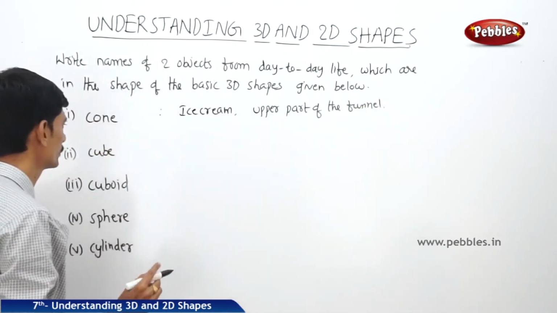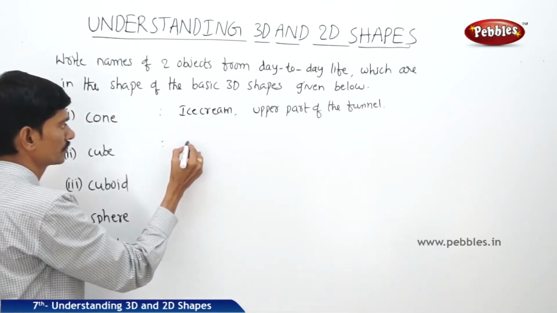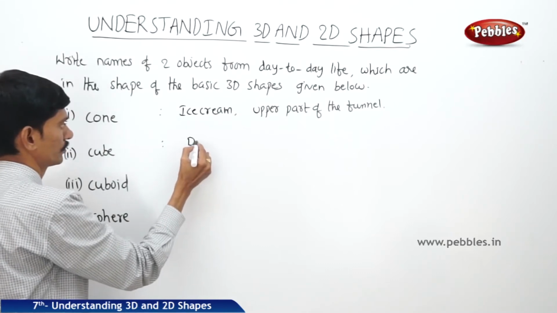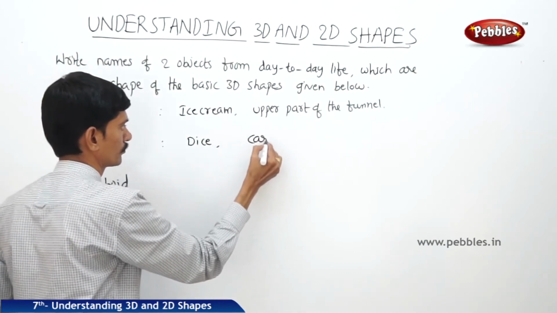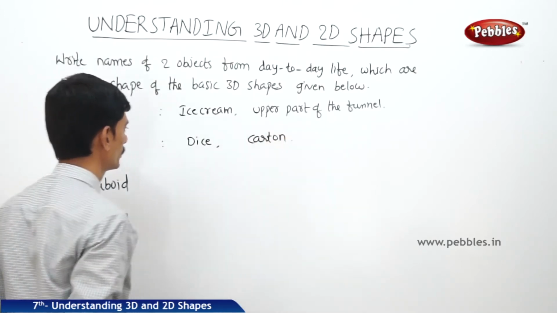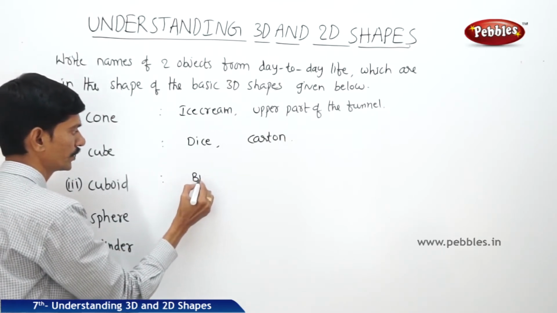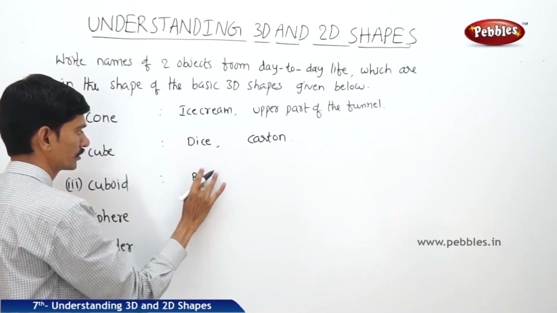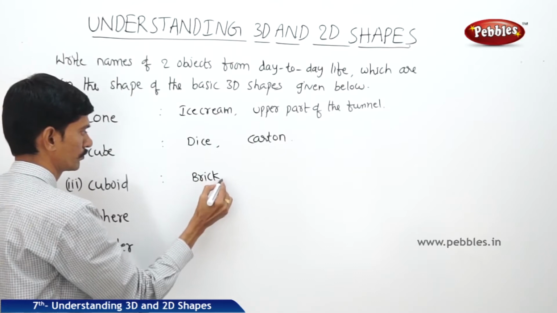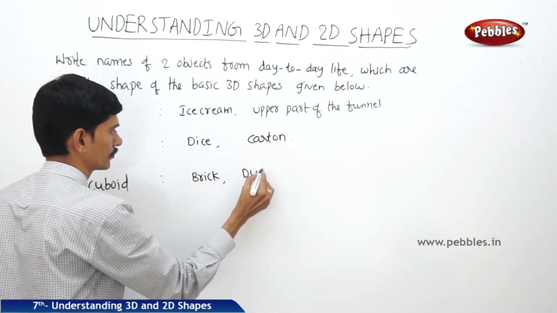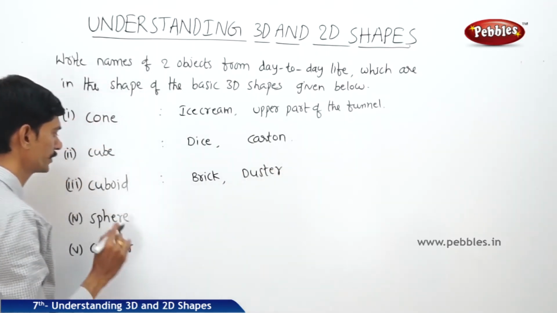And if you take the 3D shape cube, we can take dice and we can take cotton. And the cuboid, we can find brick in the shape of cuboid, or duster, or textbook also in the shape of a cuboid.